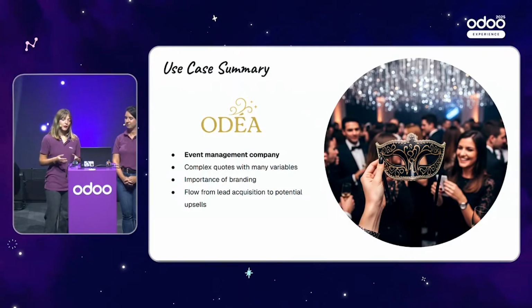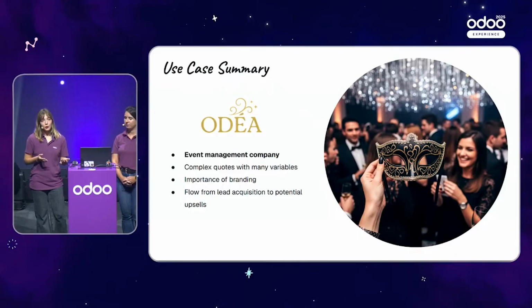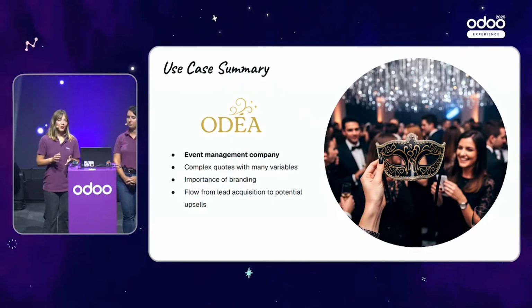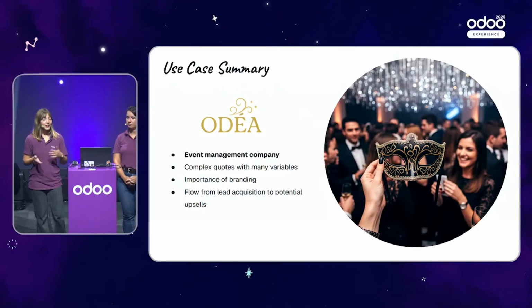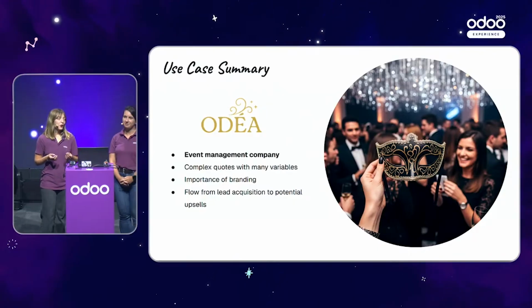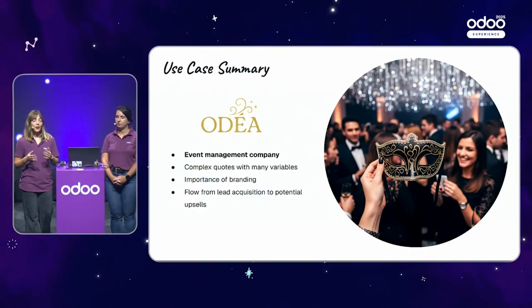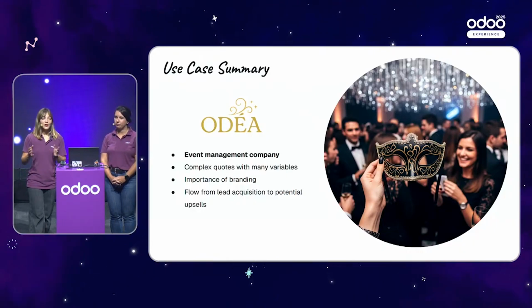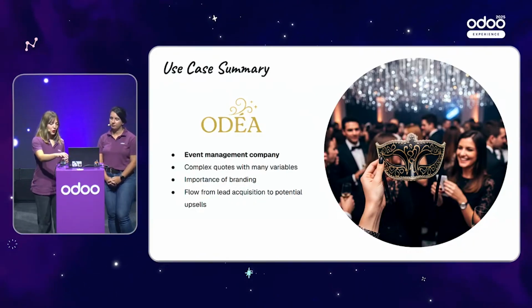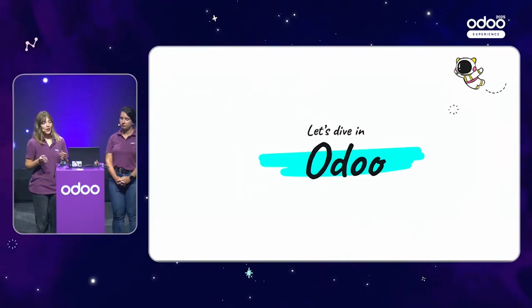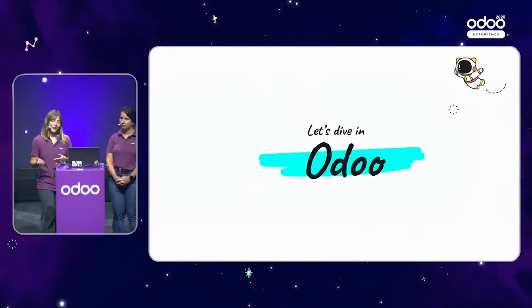I've been hired as a sales representative, but as you know, in small companies, everyone is a bit polyvalent. On the other hand, Rosalie here has been here for a while now. She's a senior sales, and today she will be guiding me through the more advanced configuration of the whole sales process.